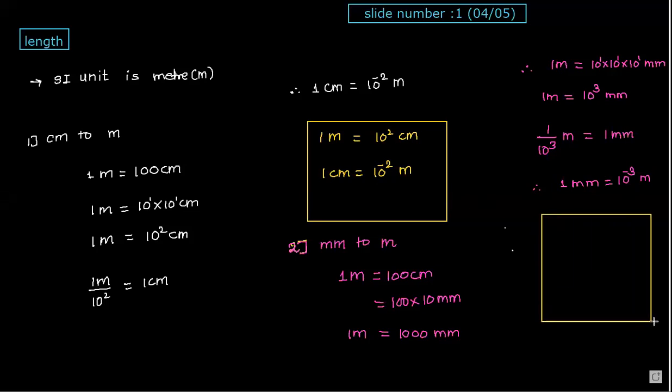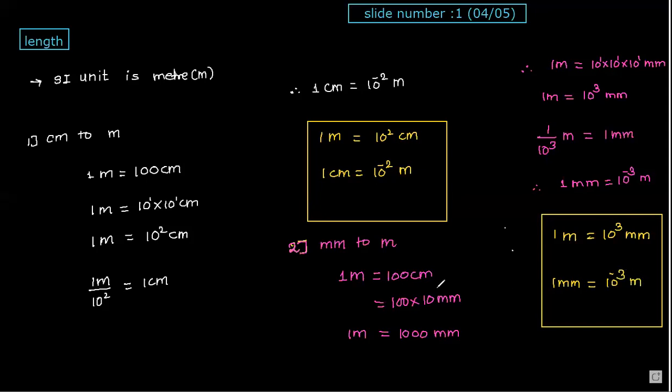See, one meter is equal to 10 power 3 millimeter and 1 millimeter is equal to 10 power minus 3 meter.